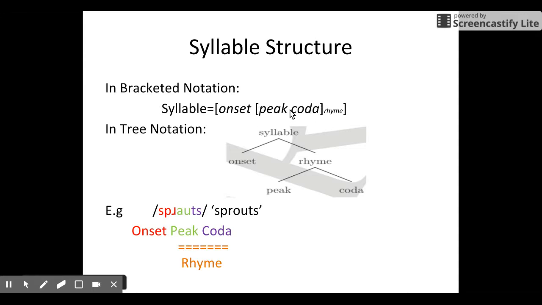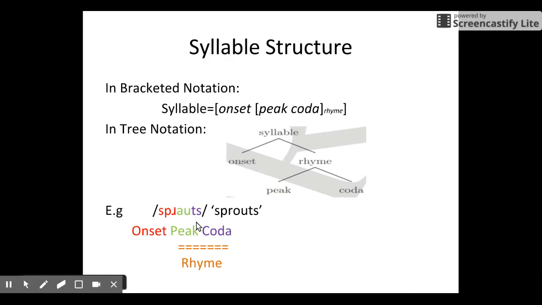So we group these two together, peak and coda, and rhyme indicates the unit of this bracket. Rhyme, okay, and then onset. It is the same thing, just a notational difference. Okay.